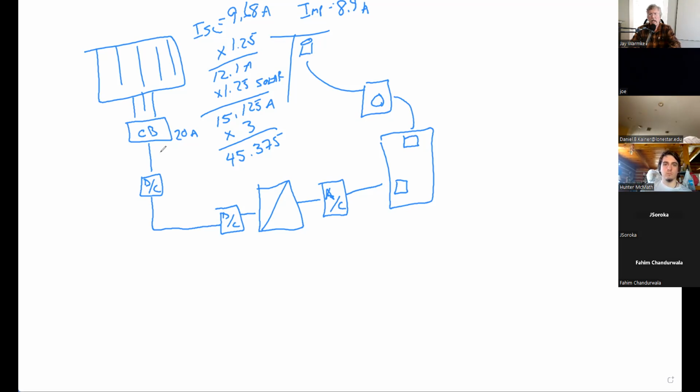But if we use 6 gauge, it's rated for 55 amps. But if we go over and get a higher temperature wire, for instance, we could do THHN or THHW, and then we've got 50 amp rating for the same 8 gauge wire.